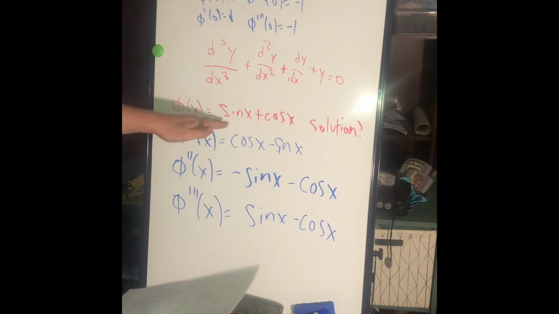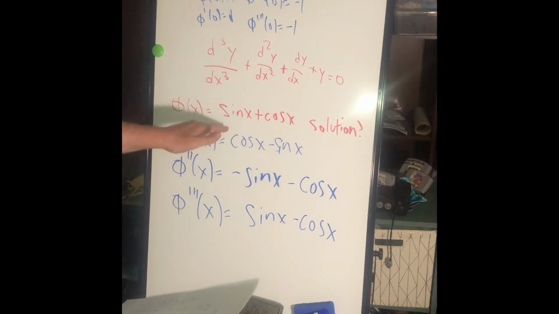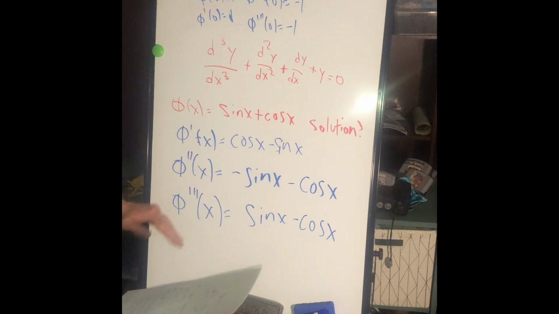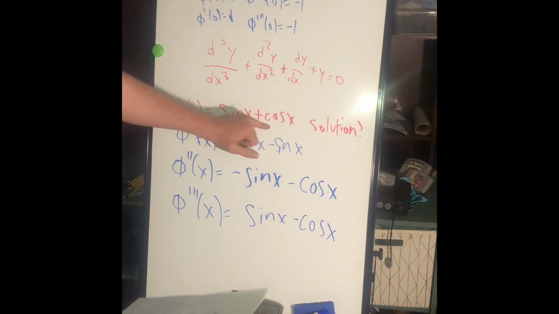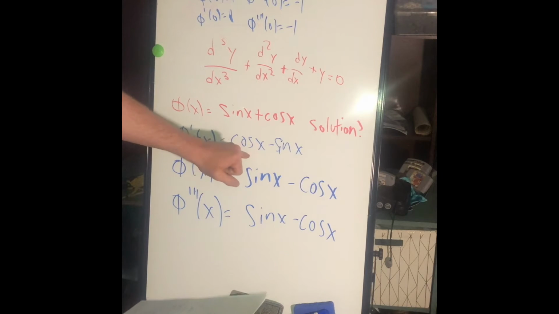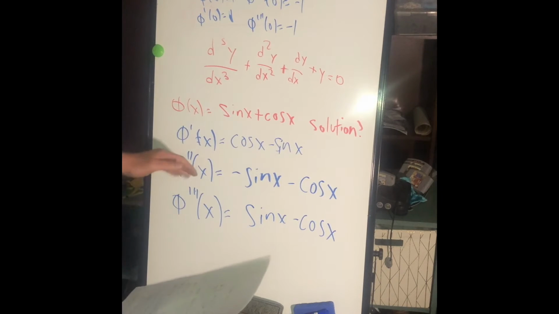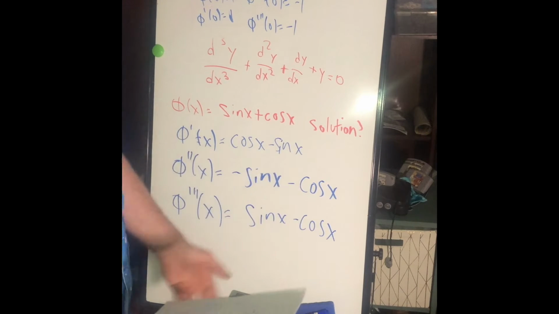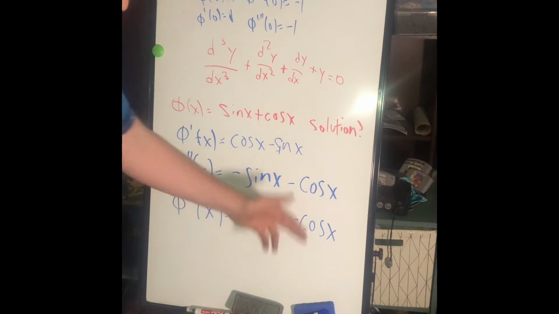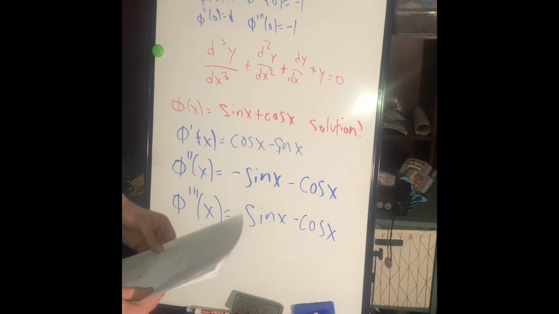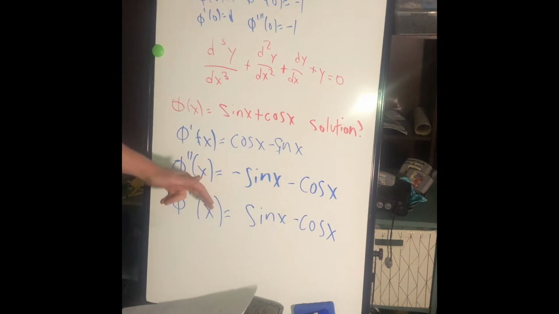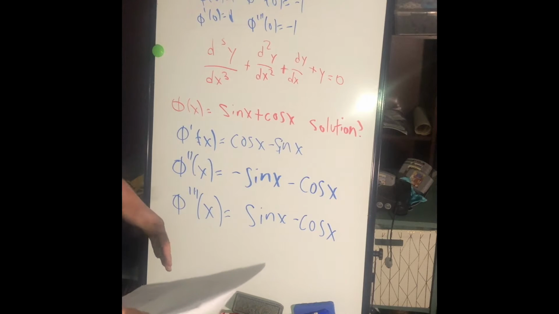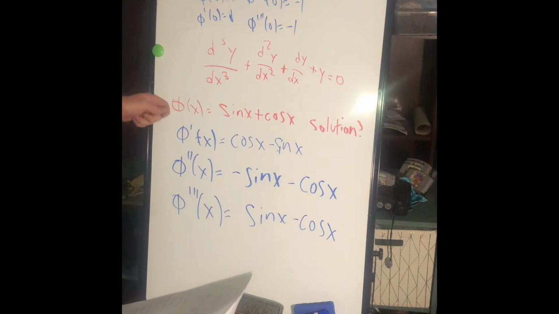So the trick is to just differentiate each time. So sine of x plus cosine of x gives us cosine x minus sine x. And again, minus sine x minus cosine x. And again is sine x minus cosine x. And if we want to verify if this is true, obviously we can add all these up together.